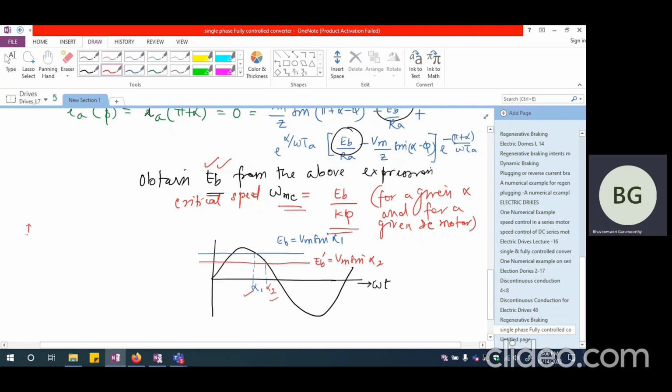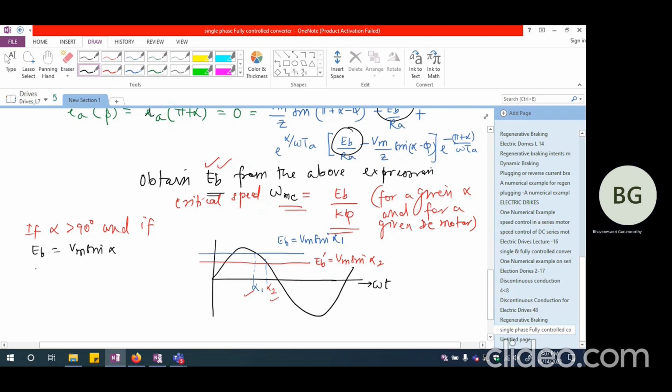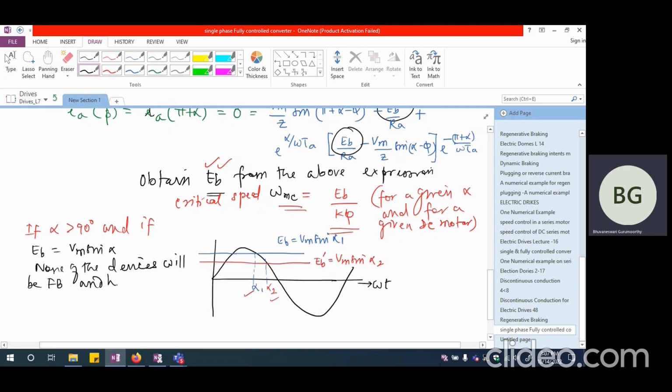So if alpha is greater than 90, and if the back EMF, so if EB equal to Vm sine alpha, none of the devices will be forward biased, and hence they will not conduct.